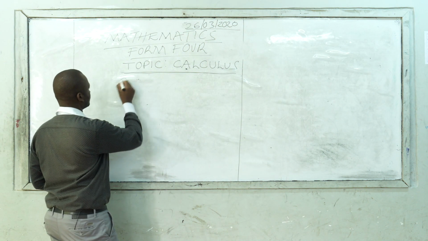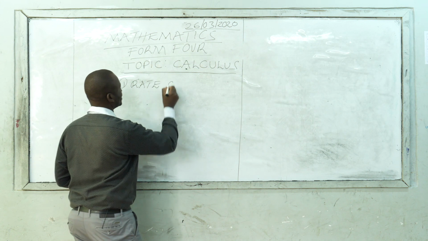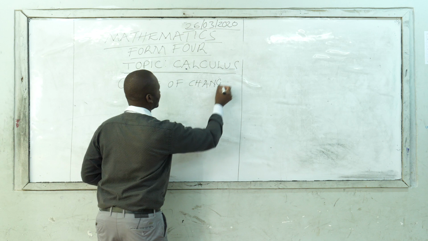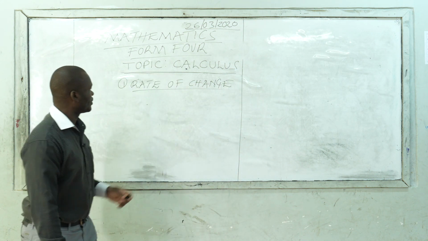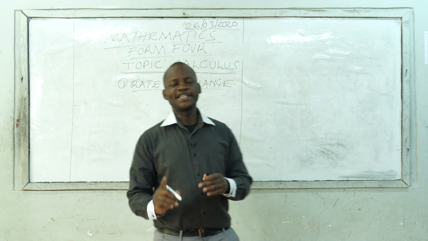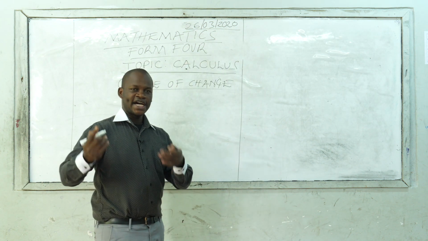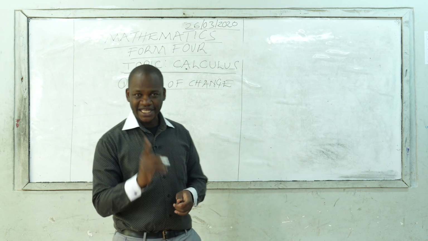Number 1, we have rate of change. So what is rate of change? The term rate of change is used, in this topic and the Form 3 topic, graphical methods, to mean gradient.